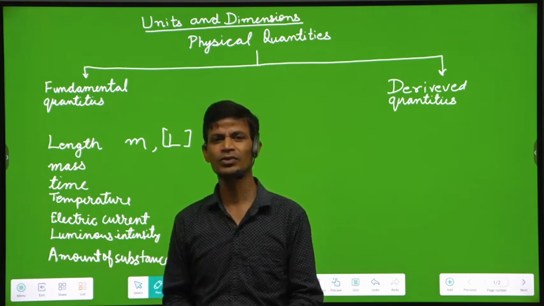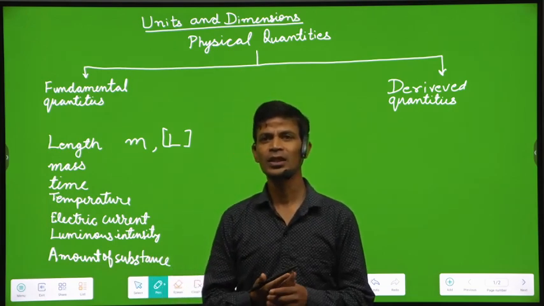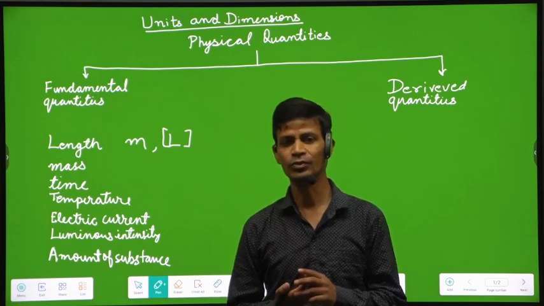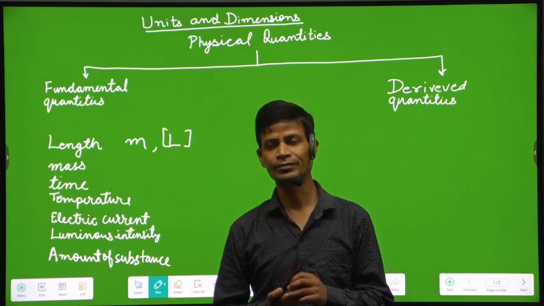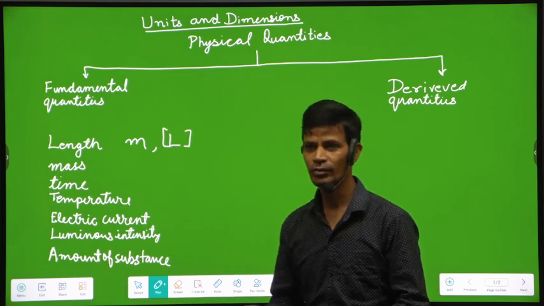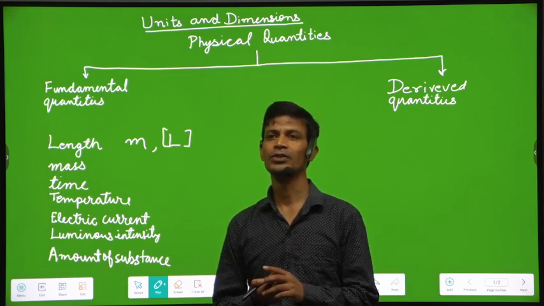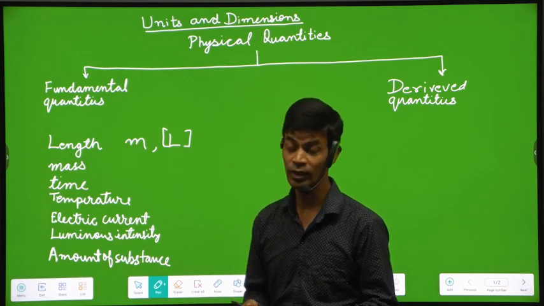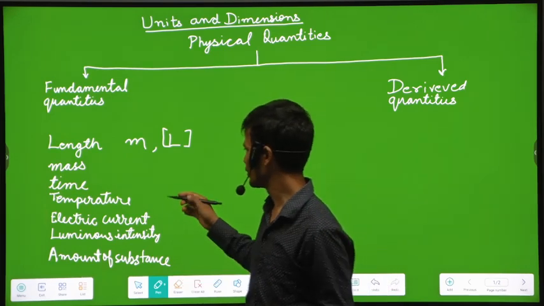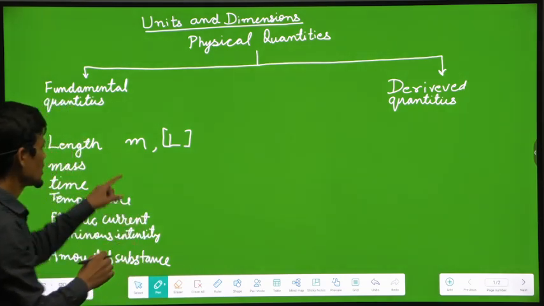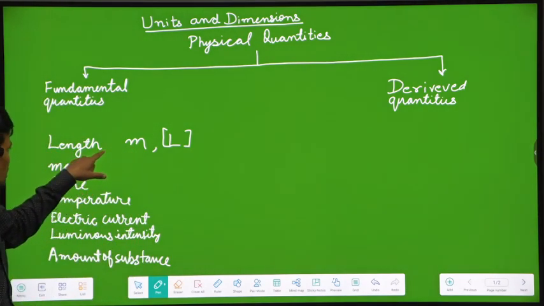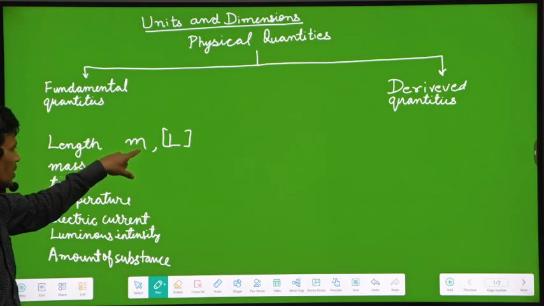In CGS unit, it will be centimeter, and sometimes for higher measuring unit, we use kilometer, and for astronomical length, we use light year and astronomical unit also. But we'll stick with this SI unit, and that's why I'm writing meter only.